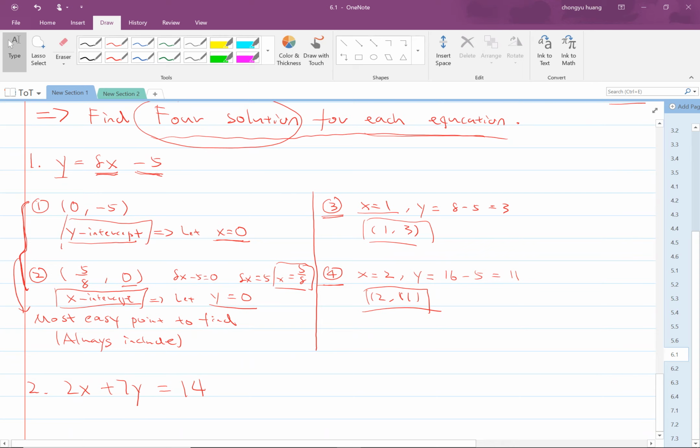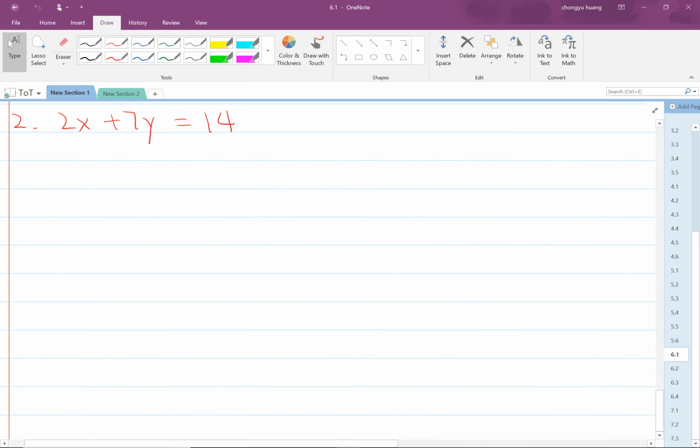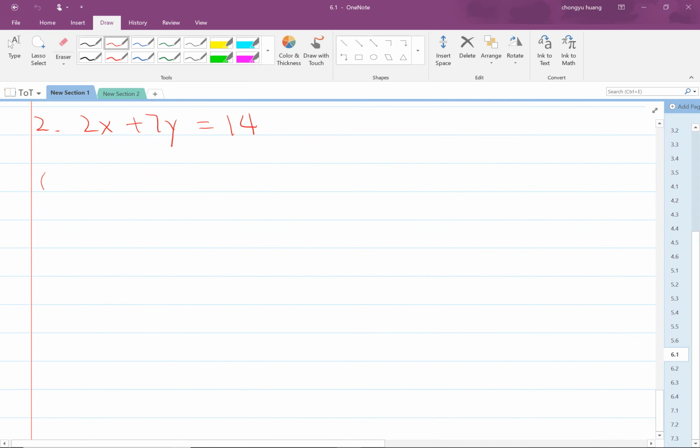Okay, so let's do the question together. As I always say, it is recommended to first find the x coordinate. How you find the x coordinate is to let y equal to 0.